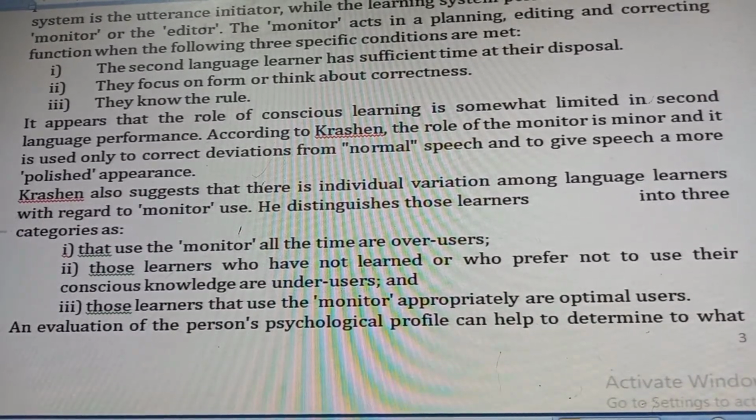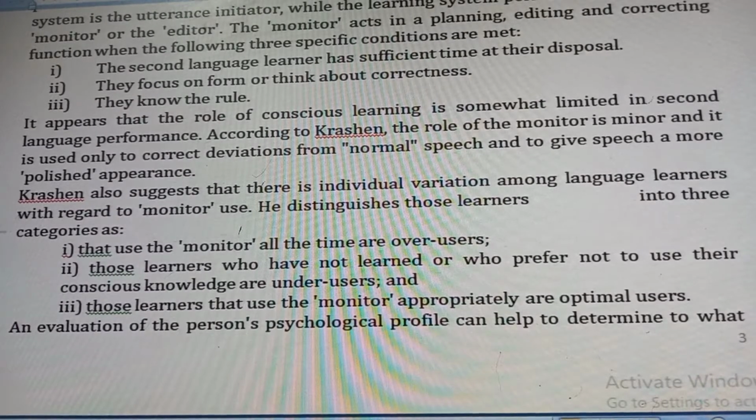into three categories. Number one, those that use the monitor all the time are overusers. Number two, those learners who have not learned or who prefer not to use their conscious knowledge are underusers. And three, those learners that use the monitor appropriately are optimal users.